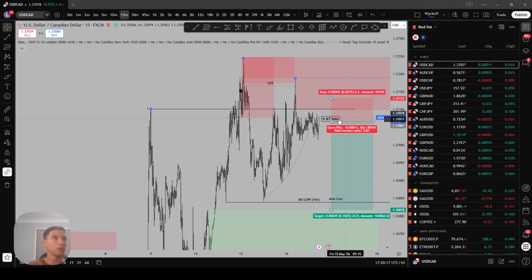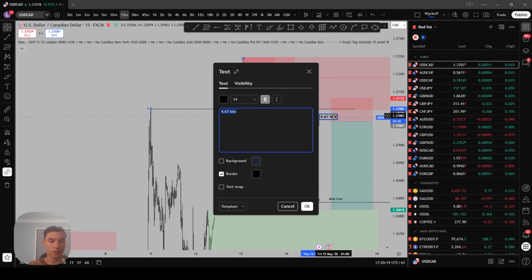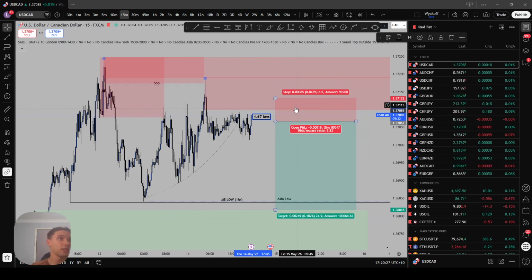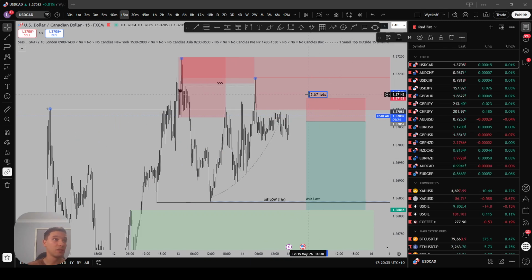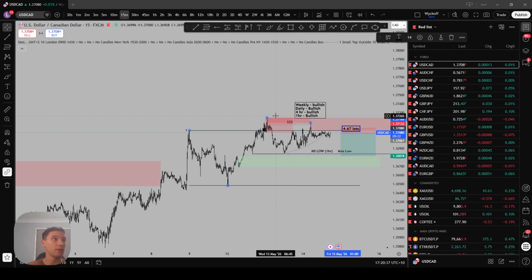There you go, for a 0.5%. Sweet, so that's our pre-plan now, and this is all dependent on us getting a nice strong break of structure back down. That's it. As simple as that.